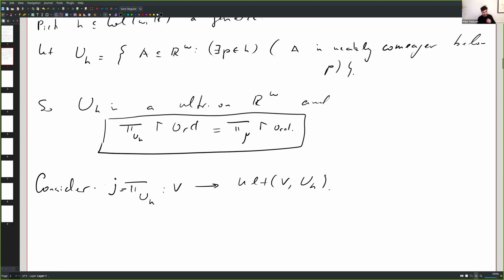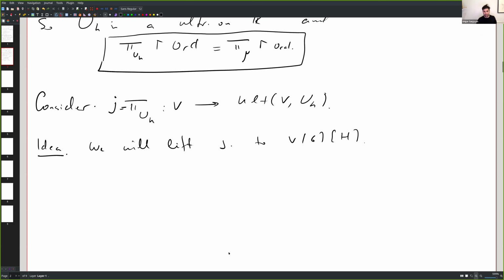So now I want to lift this, but lift to what? The next idea is, okay, we will lift to V[G][H]. And how do you usually do this type of lifting? Well, let's see.